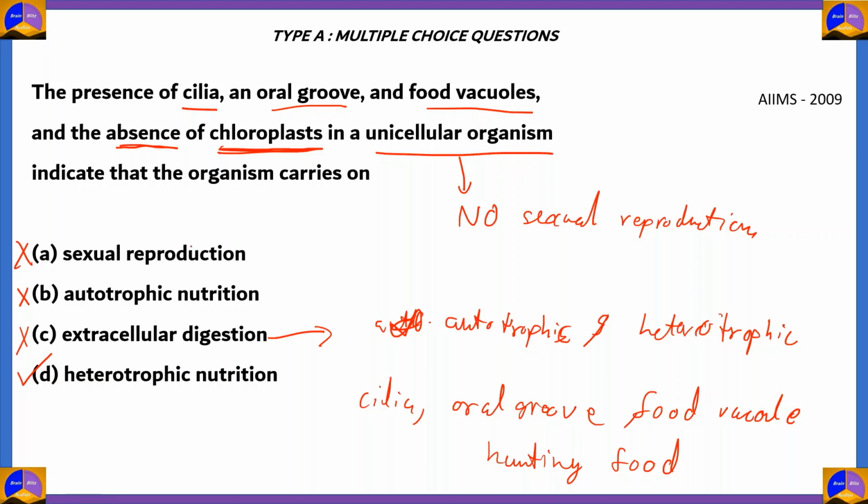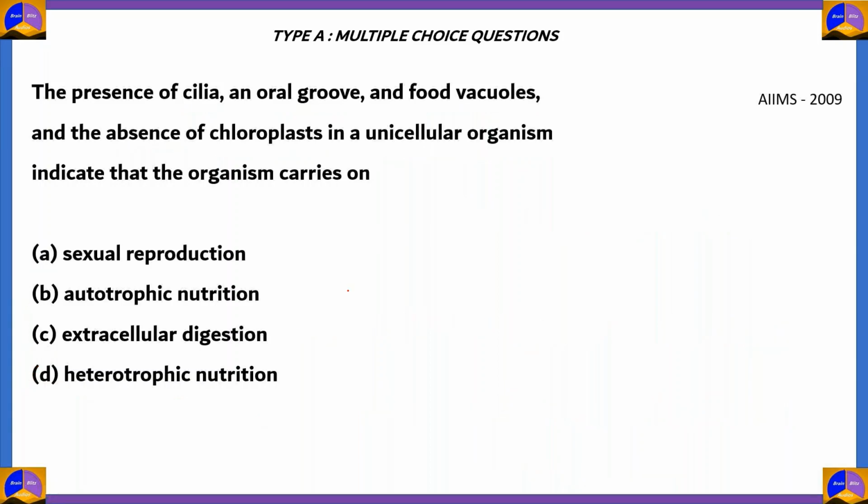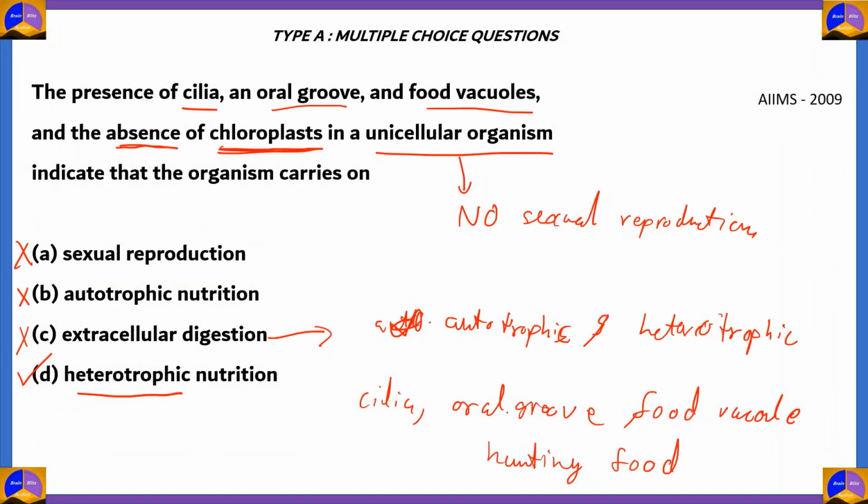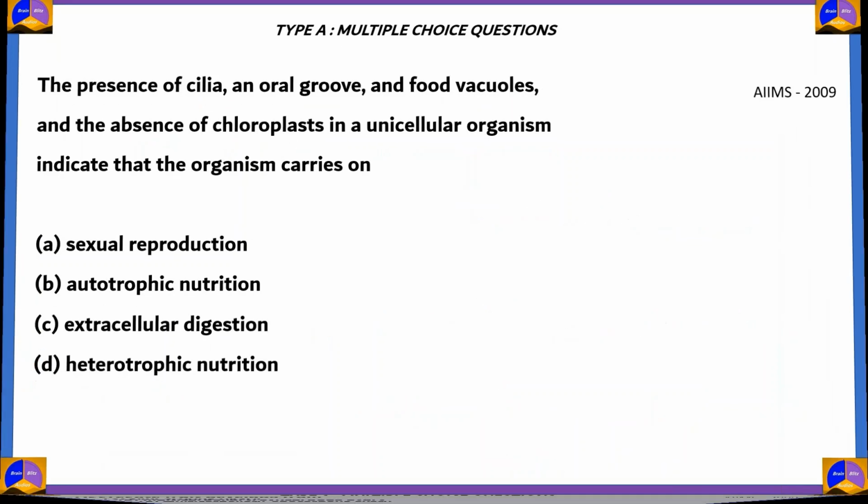If it was an autotroph, it would not do that. The only organism that does that is a heterotroph. They are the ones which depend on other organisms for their nutrition, be it plants or animals, autotrophic or heterotrophic. So a heterotroph would depend on either autotrophs or other heterotrophs.